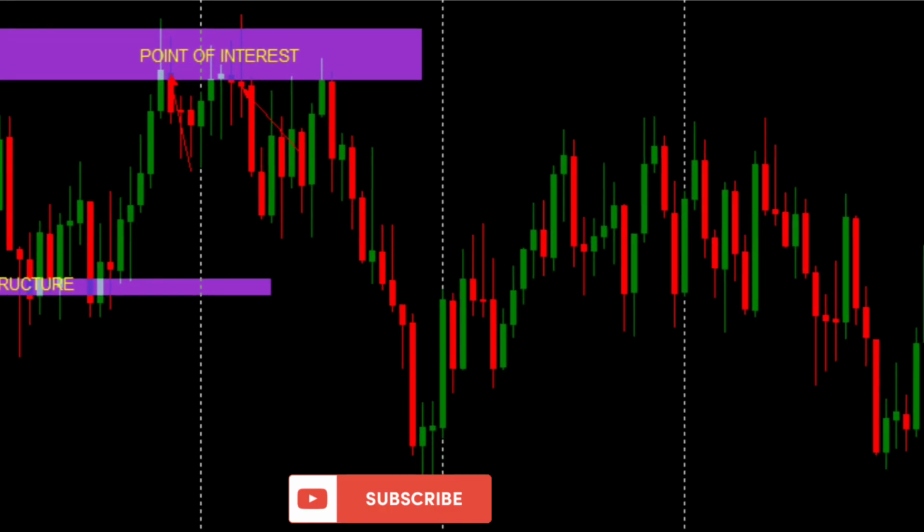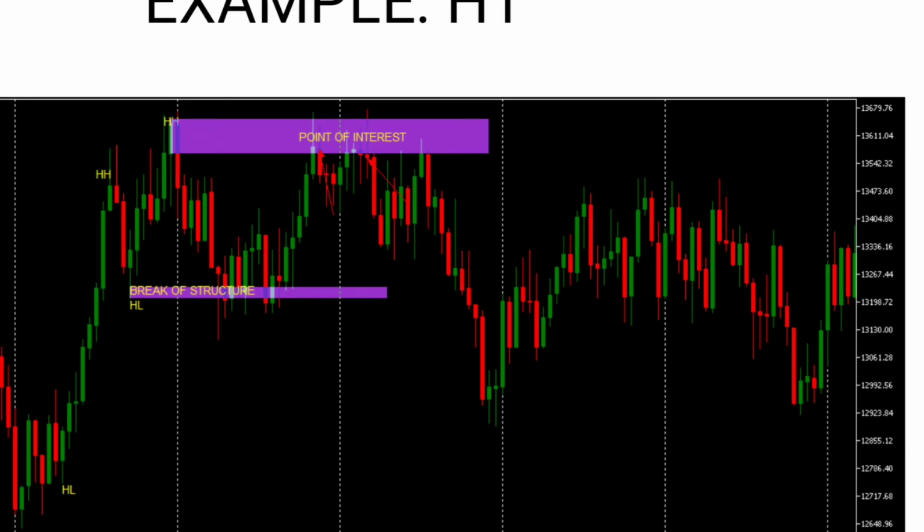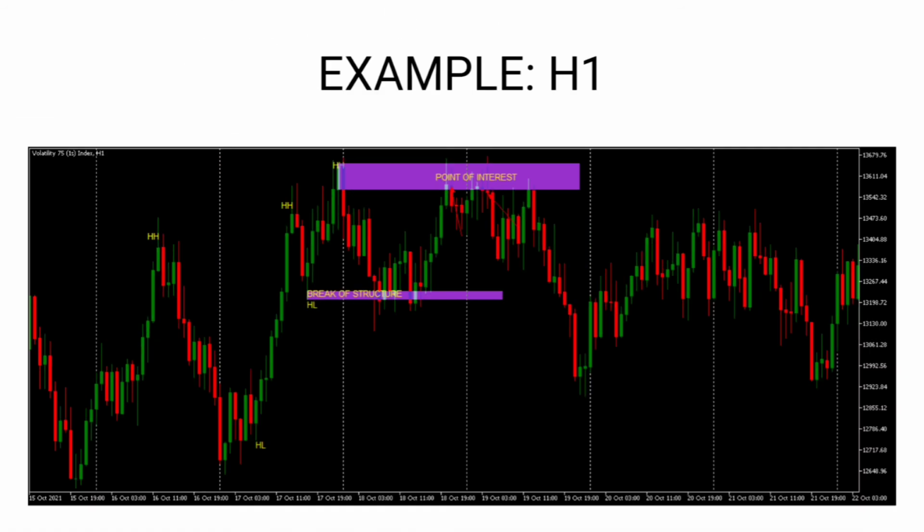So as usual, this setup is a high probability trade, guys, and you should take this setup seriously. If you don't understand my videos, or you think I'm using too many slides, you need practical, please comment. I can actually make a recording using a laptop so that it's clear for everyone.